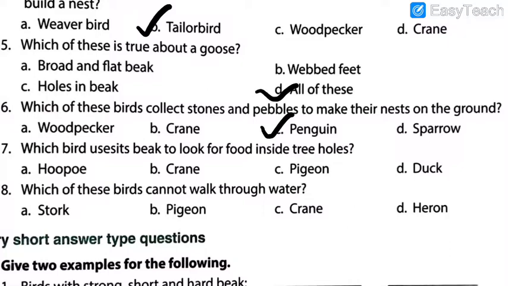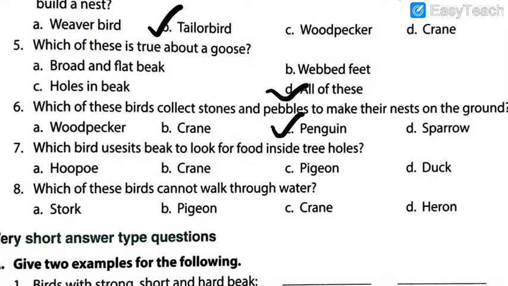Next is number 7. Which bird uses its beak to look for food inside the tree holes? That means not to make the hole, but to just look inside the tree hole. So the correct option is hoopoe.